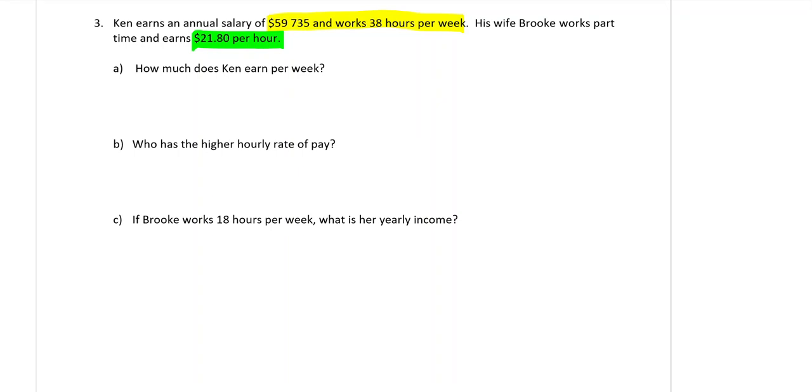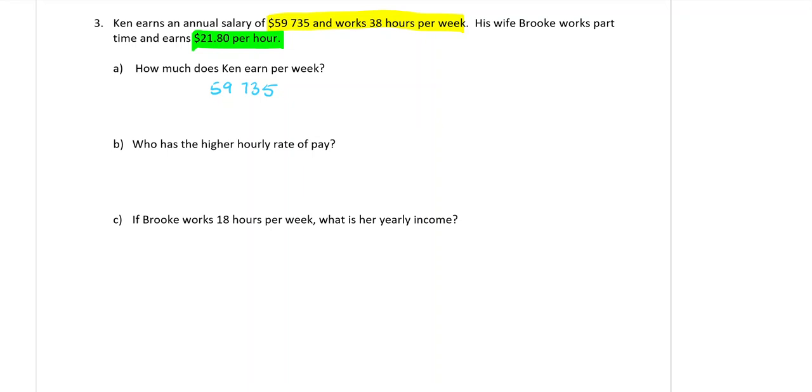Okay, so Ken I've highlighted there in yellow. He earns the $59,735. Let's write that down, $59,735, but that's for a year, not a week where he is working 38 hours. So I don't really mind about the 38 hours, yet.